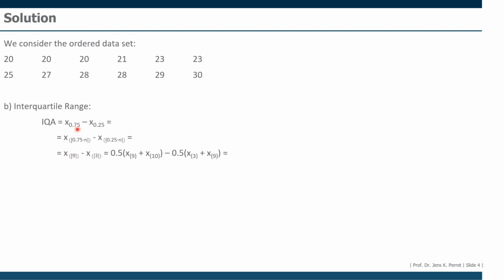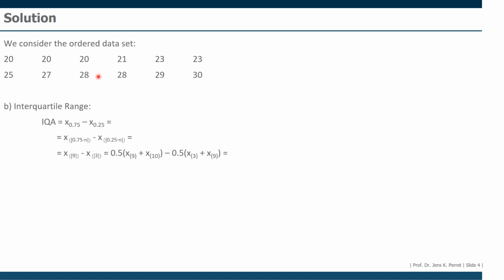So here, observation 9, observation 10, I'm going to take the average of those two. That's my third quartile. For the first quartile, where I got 3 as a result, I'm going to take the third and the fourth observation and calculate the average of those two.